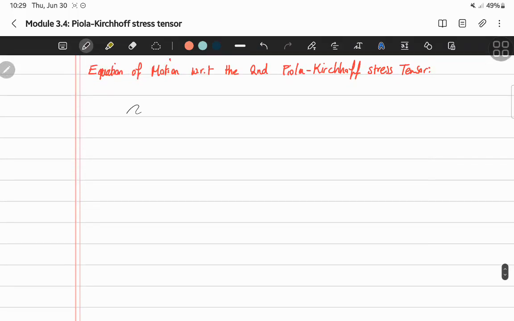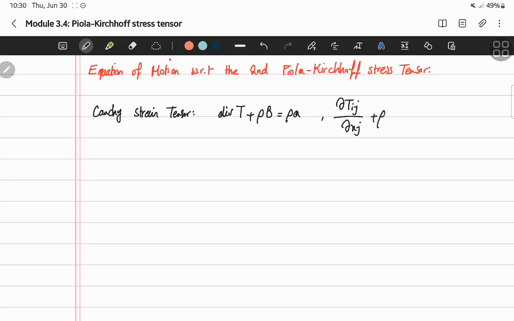So basically, the equation of motion in terms of the Cauchy stress tensor was the divergence of T plus rho B equal to rho A, or in terms of tensorial notation, we had the partial derivative of Tij with respect to xj plus rho bi equal to rho ai.